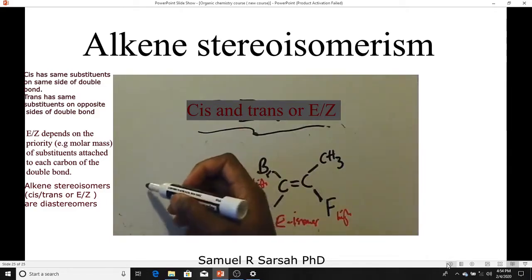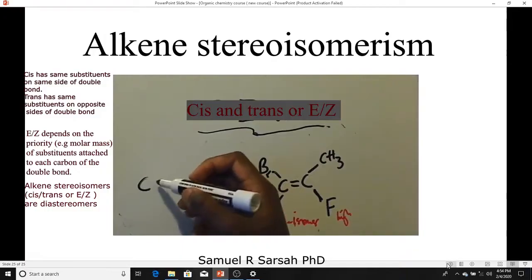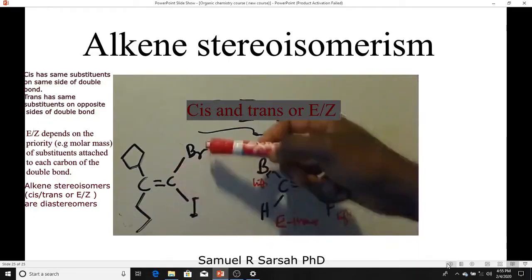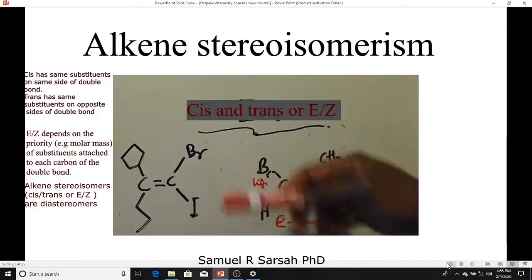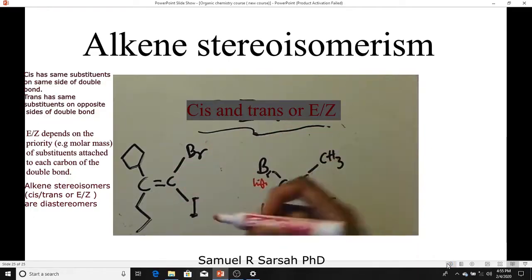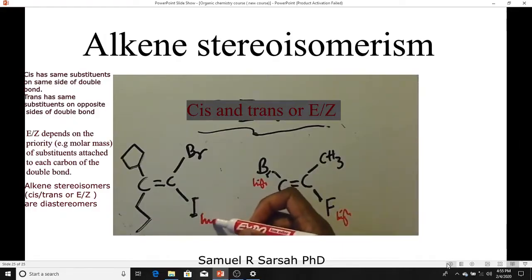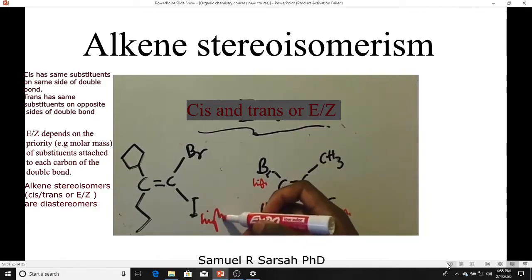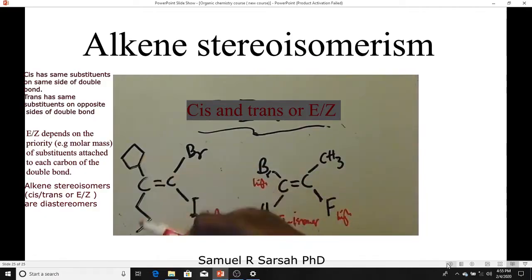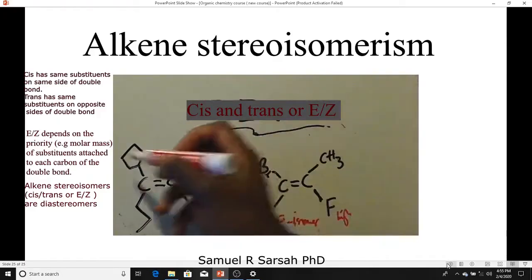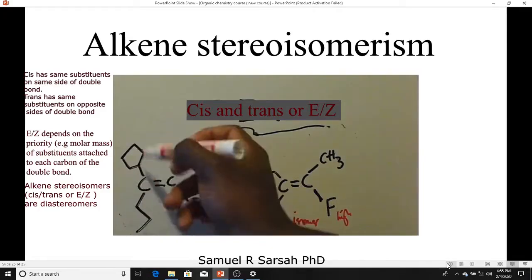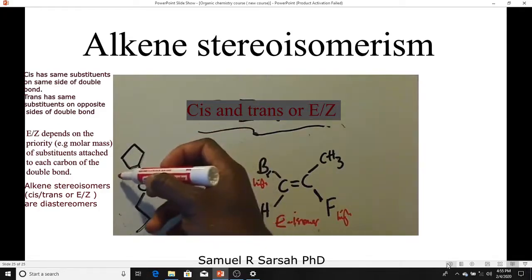Let's try a different situation. So I have this alkene. On this carbon, let's check which of these sides is higher. Obviously the iodine side. Now on this carbon, this obviously has bigger molar mass than this propyl group. As I said, cyclopentane group, so this is higher.